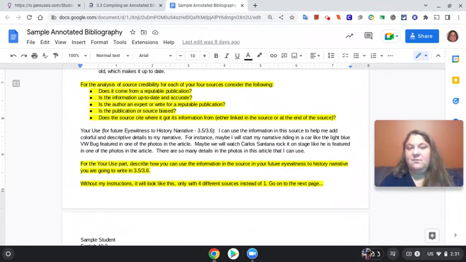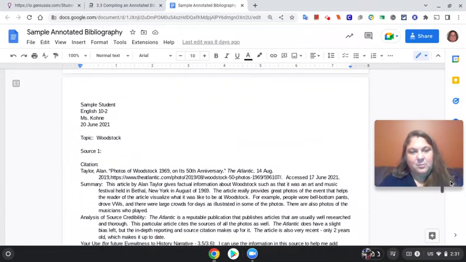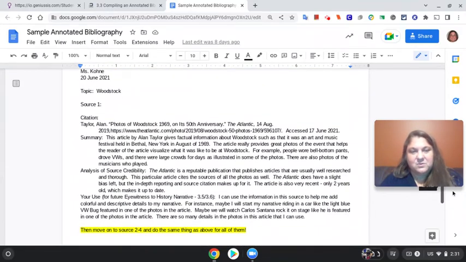narrative for 3.5. Okay. So when you put it all together, one source on your annotated bibliography is going to look like this. You've got your citation, summary, analysis of source credibility, and how you're going to use it in 3.5, the eyewitness to history narrative, when you actually go to write your story.